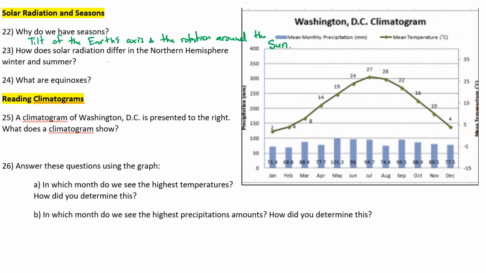23. How does solar radiation differ in the northern hemisphere, winter and summer?